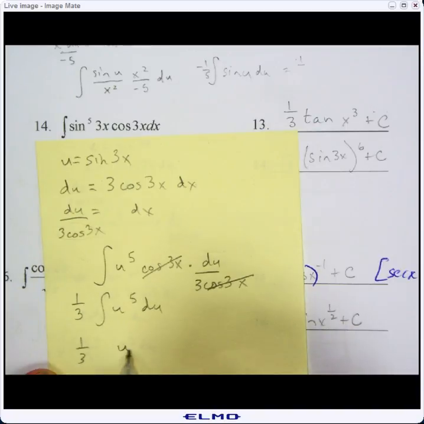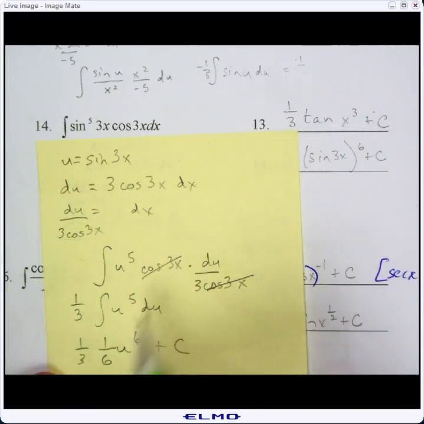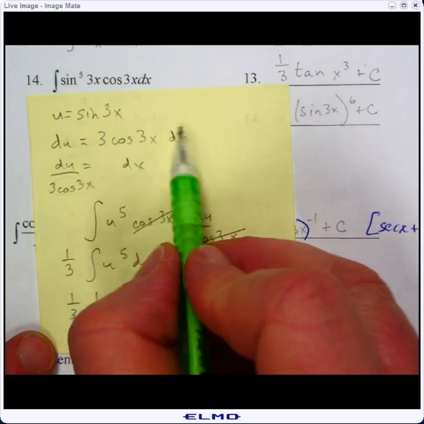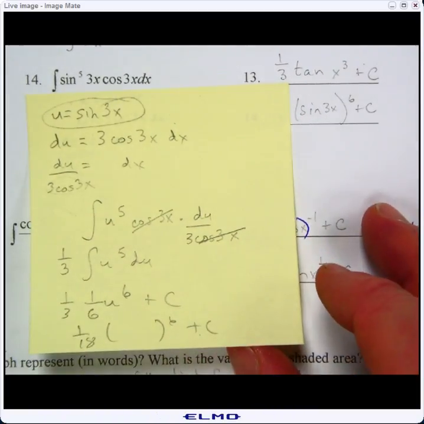So u to the 6th over 6 plus c. So it's not really any worse than the other ones once you get the right value picked. As long as you can do this derivative without substituting again, you're okay.